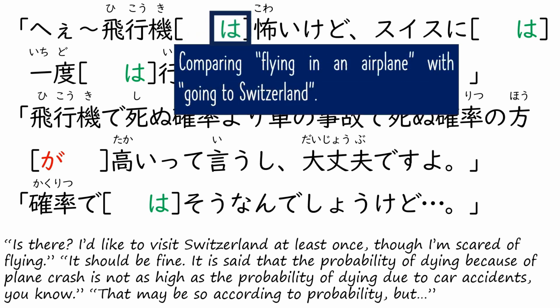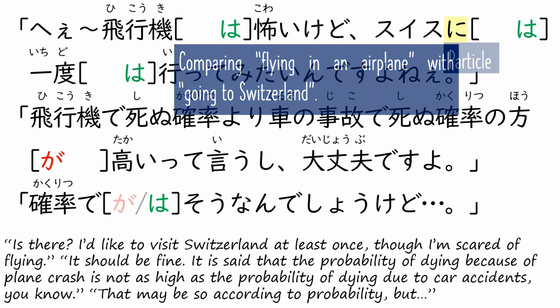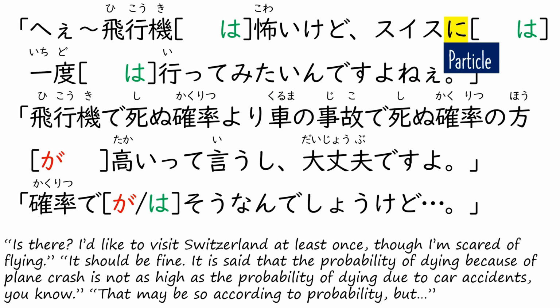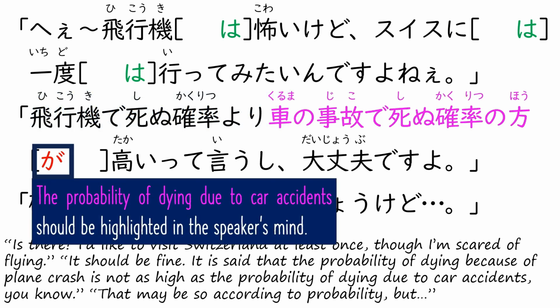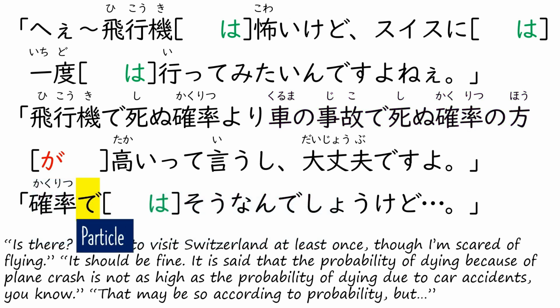What particle implies that the speaker is comparing flying in an airplane with going to Switzerland? に is a particle, so ga particle can't be used. The speaker is comparing once with multiple times. The probability of dying due to car accidents should be highlighted in the speaker's mind. で is a particle, so ga particle can't be used.